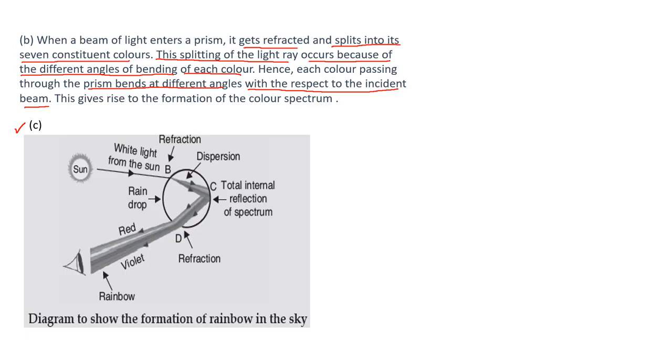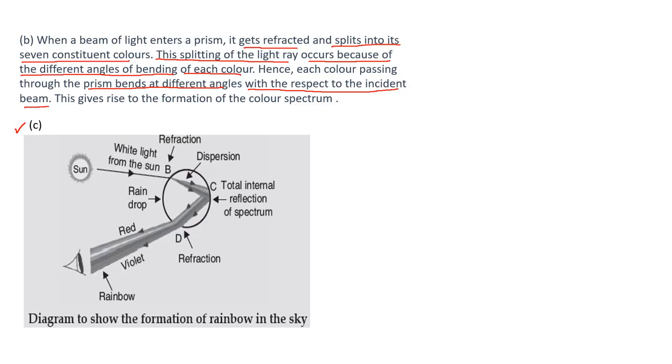Here you can see the splitting of light coming from the sun. This is a special phenomenon, the dispersion of light, which takes place during the rainy season, and you can also see it from a fountain or a waterfall.